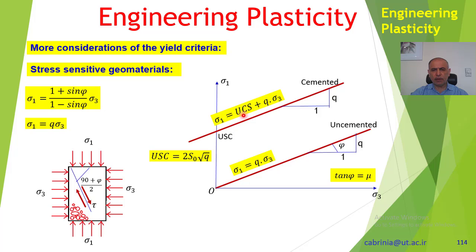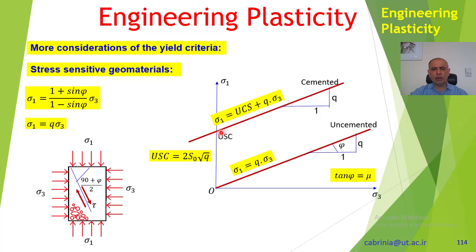USC is in fact the unconfined strength. Before it was S0, it's now the unconfined strength. Unconfined strength means that, as you can see, sigma 3 has become 0, so it's not confined, no stress in this direction, so only stress in this direction, it can move in that direction.